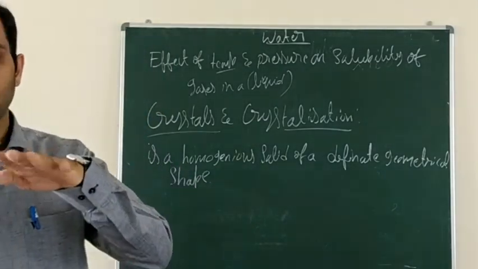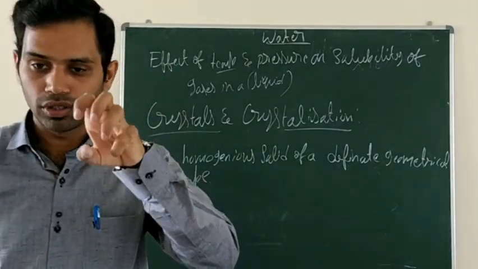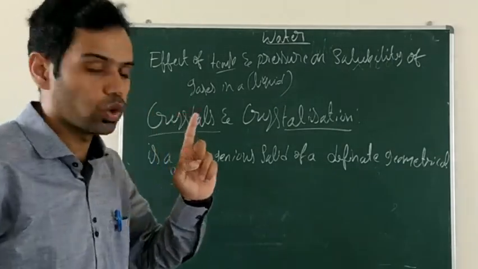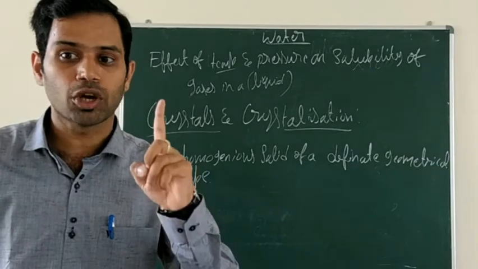Homogeneous. Here we will not see different layers, only one layer you can see there. So crystal is a homogeneous solid of a definite geometrical shape.